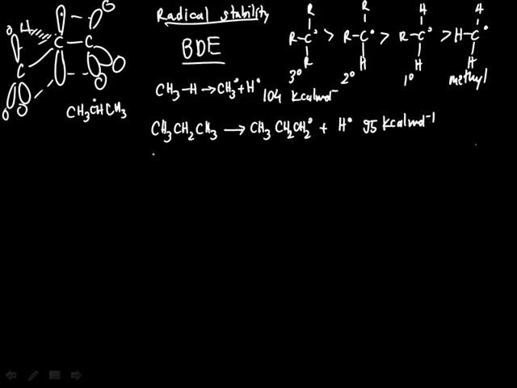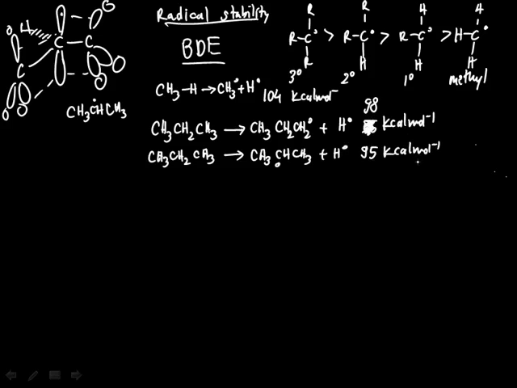If we keep going, and now we take the propane again, but instead we get a secondary radical, this value will, as expected, be lower. This value will be lower, at 95 kilocalories per mole, than this value, which I mistakenly wrote as 95. It's actually 98. So this will be more favorable, since the resulting radical is the most stable one.